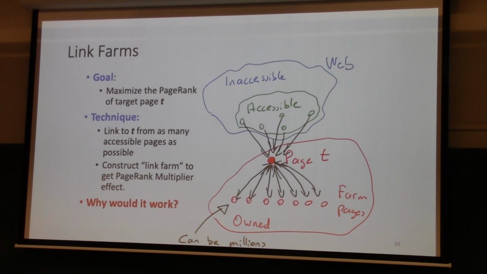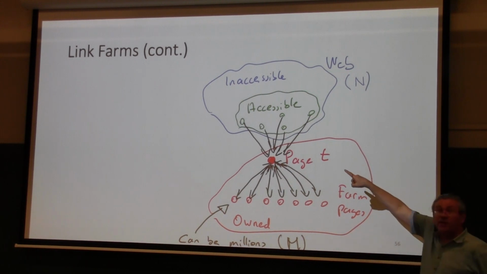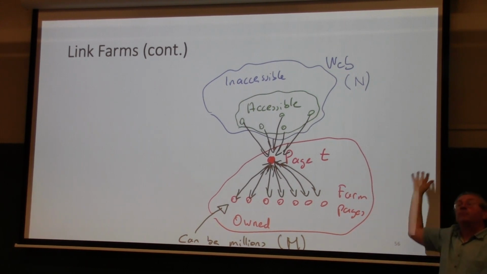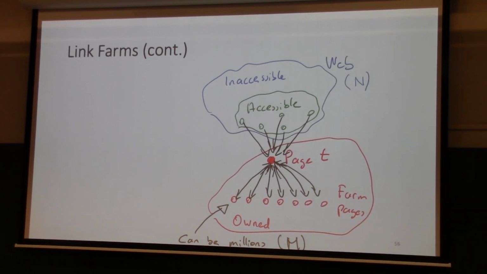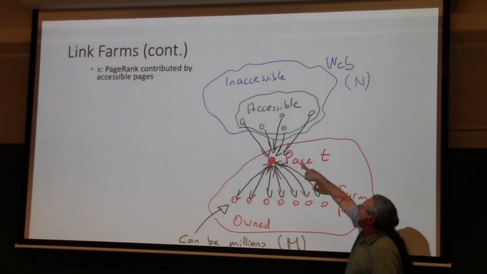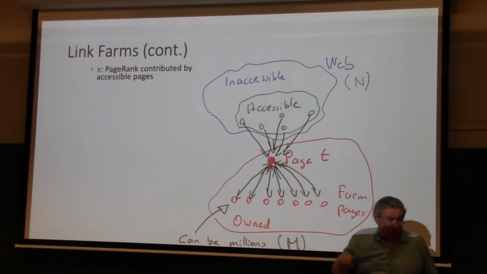So how can this work? Let's make some computations. Let's compute the PageRank now. So let's say there's n pages that are inaccessible. n is a huge number. And there's m pages that are owned by me, okay? Which is also a big number, but much smaller than n. Let's say that little x in green is the PageRank that comes from the accessible pages.